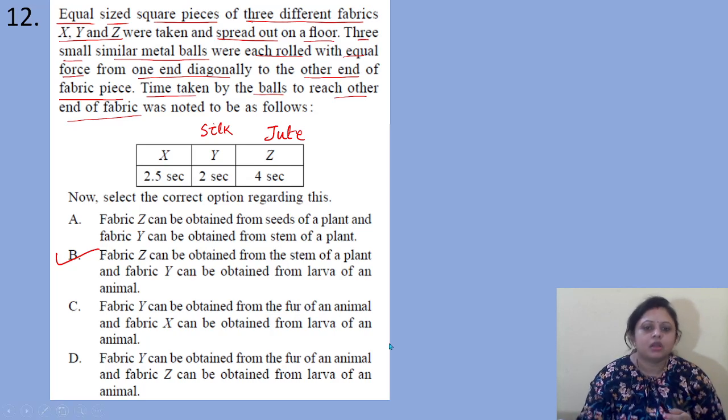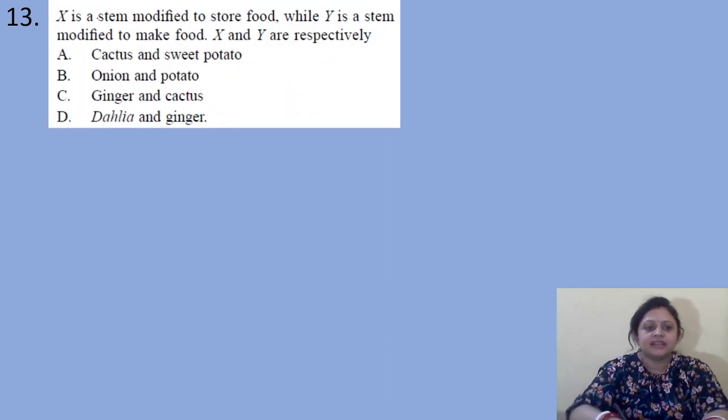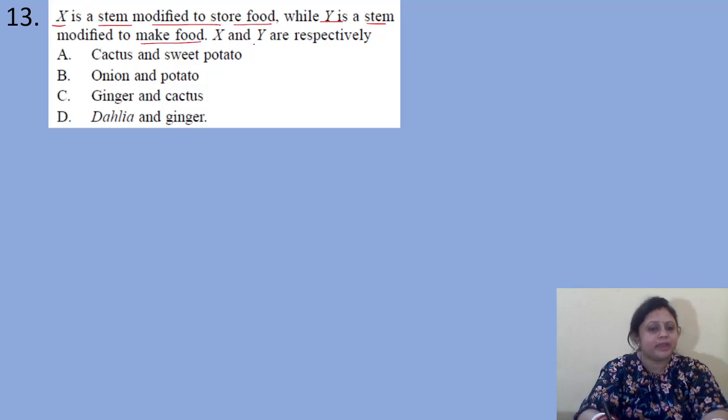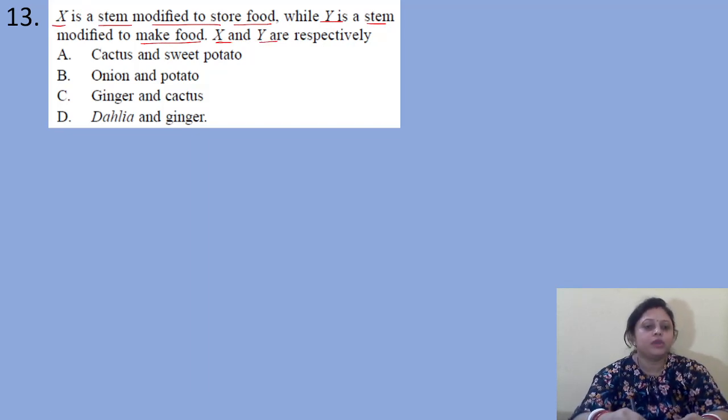Got it? Coming to the next question. X is a stem modified to store food while Y is a stem modified to make food. X and Y are respectively: options are A, cactus and sweet potato; B, onion and potato; C, ginger and cactus; D, dahlia and ginger.